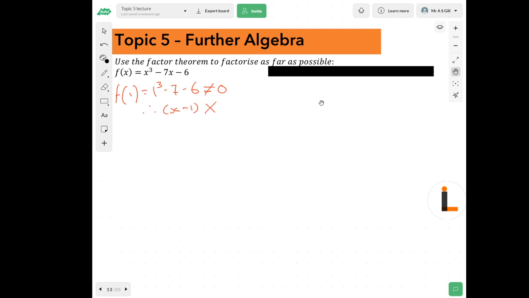So let's try f of minus 1. This is going to be minus 1 cubed minus 7 times minus 1, subtract 6. So this is minus 1 plus 7 minus 6, which does give us 0.